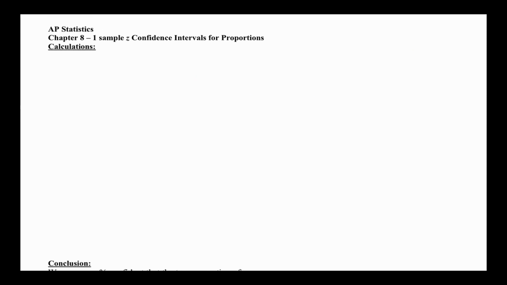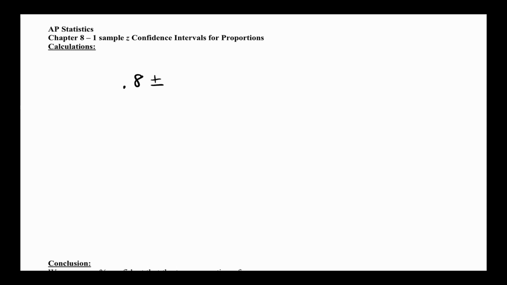So now we're going to use that formula and actually get some numbers. The first thing is our point estimate, p hat. That's from our sample. It was 80%, so we're going to use 0.8 plus or minus Z critical.